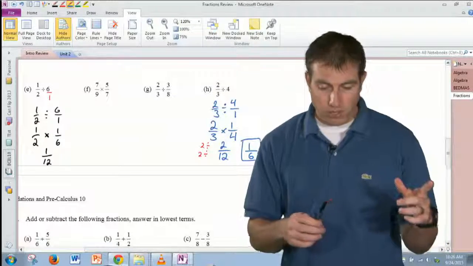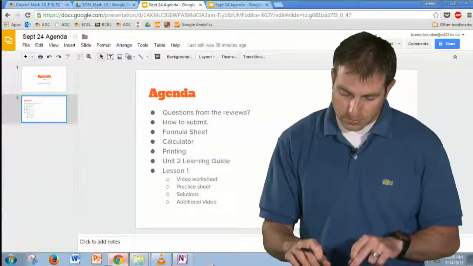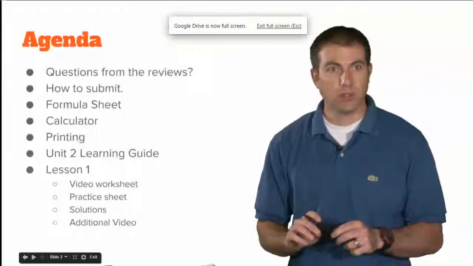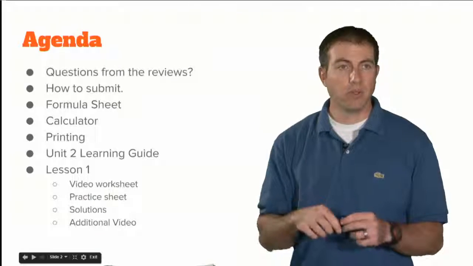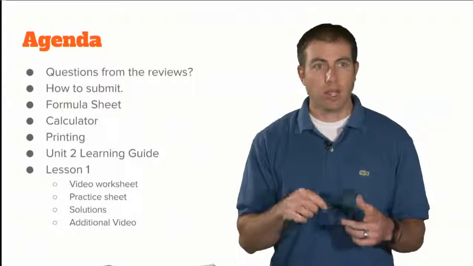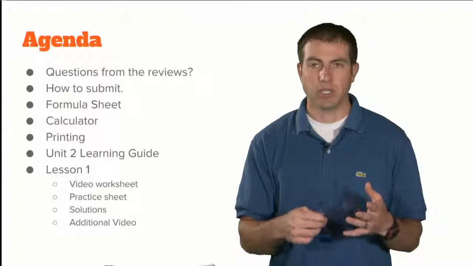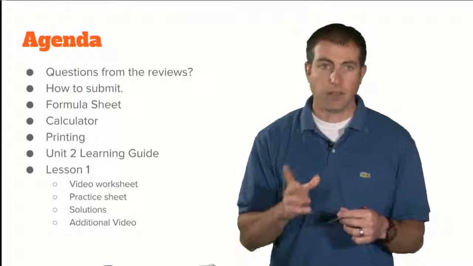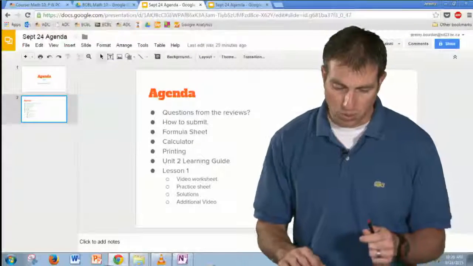So I'm just going to flip back over to my agenda here, and I just want to see how far we got. So we made it through the questions from the review. I want to go through how to submit this now, and then I want to talk a little bit about the formula sheet, the calculator, printing, all that other stuff. So yeah, if everyone just wants to bear with me, I'm just going to go back over to our course here.